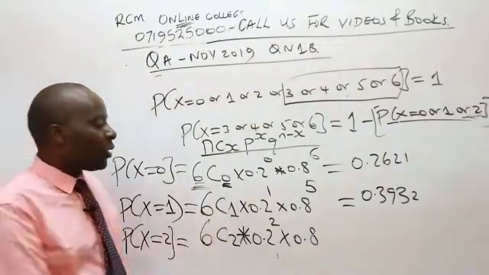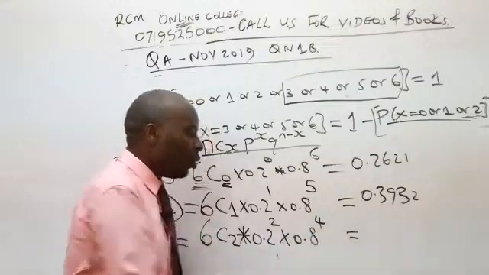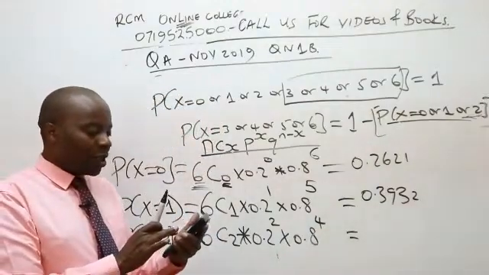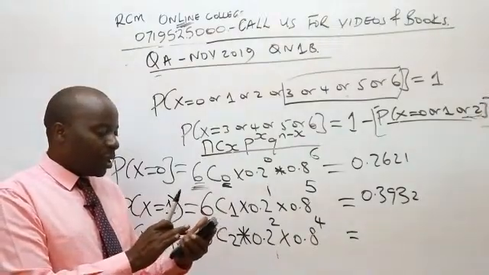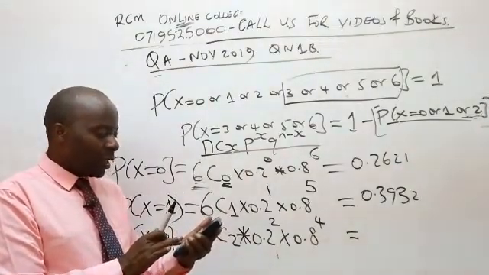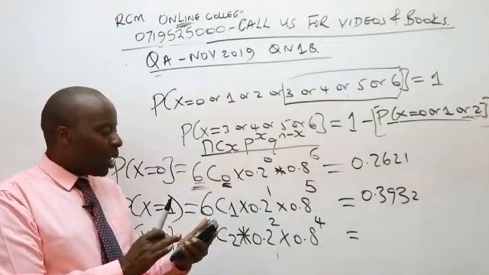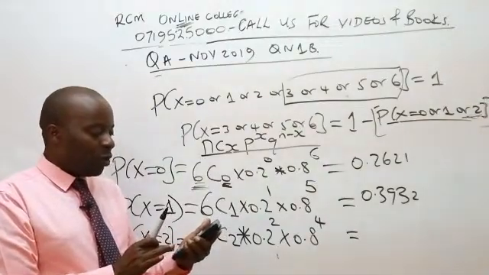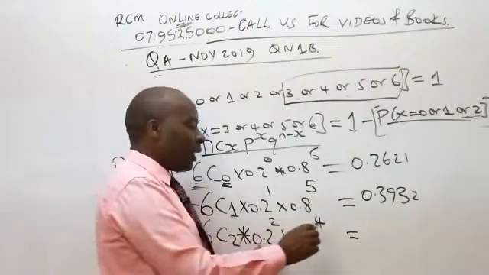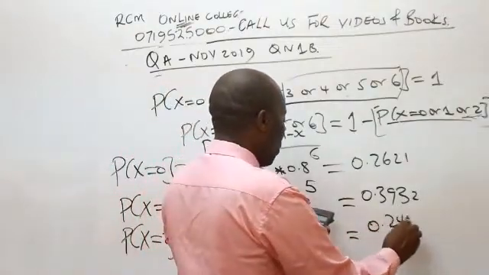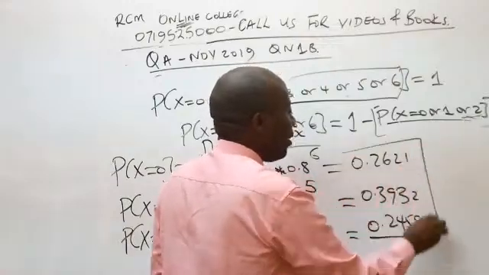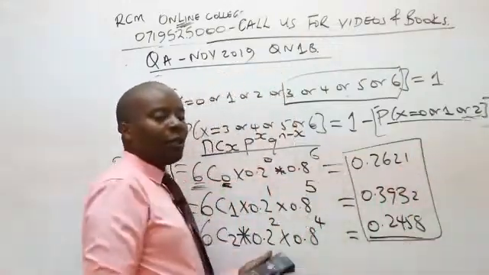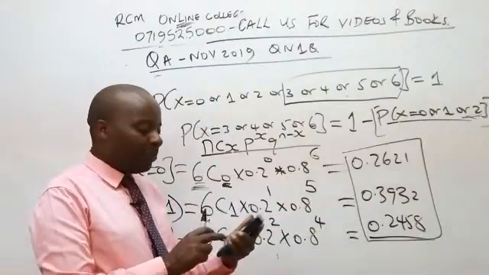So meaning, ladies and gentlemen, that this one here will be 4. So then what do we have here? We have 6 combinations 2 times 0.2 raised to power 2 times 0.8 raised to power 4. So then at the end of the day, we'll end up getting 0.2458 like that. Ladies and gentlemen, or means what here? That come and give us a consolidated total figure. Add them.